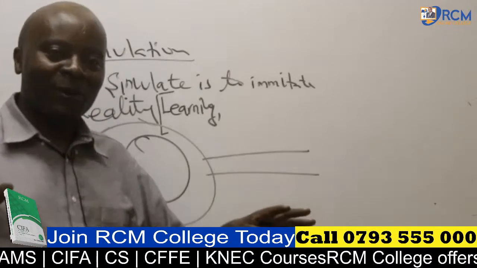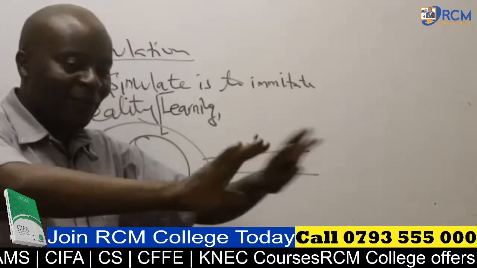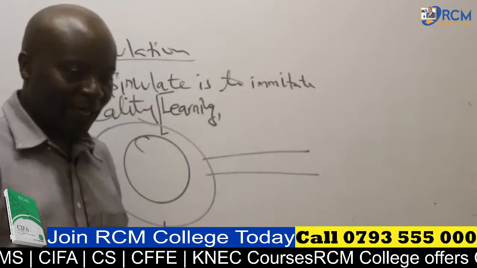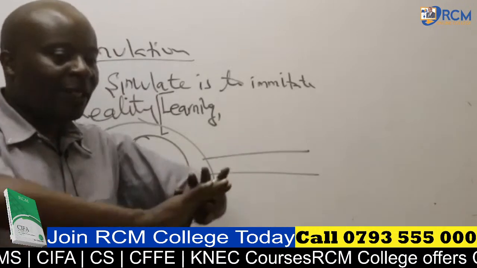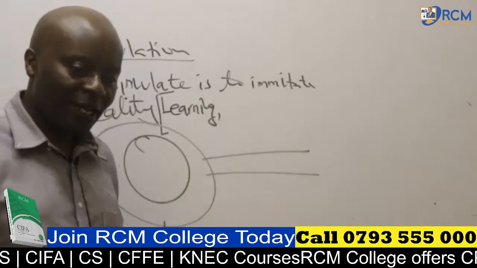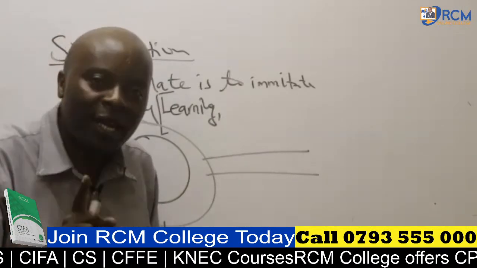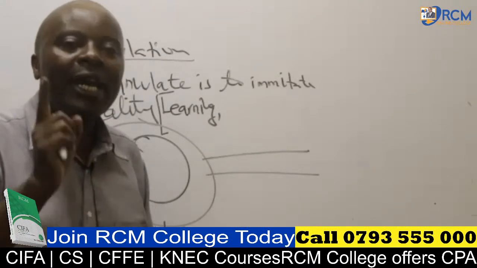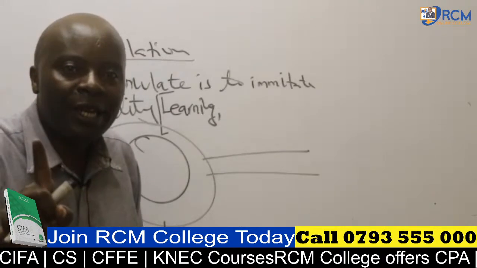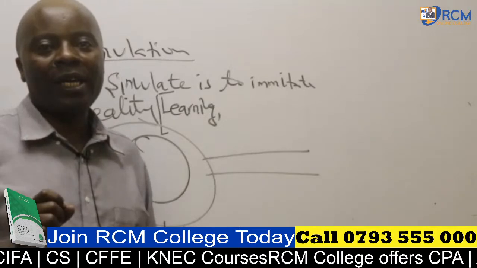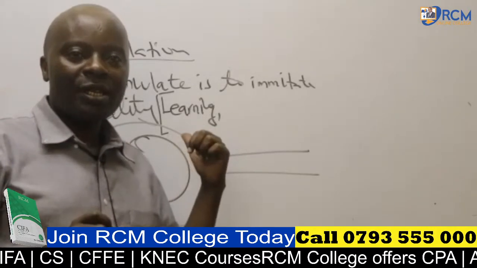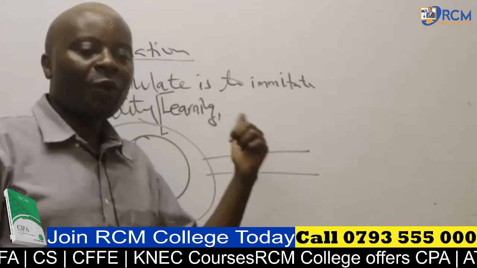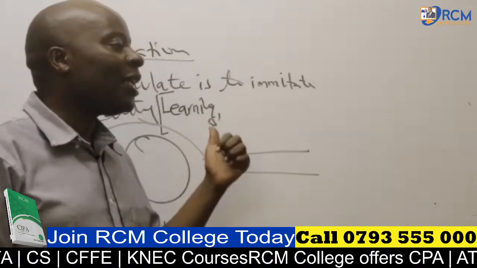They take you to the table, they give you a roundabout, drawn like that, and then they use this table roundabout to train you a few things here and there. It is only fake driving schools that take people directly to road practice without teaching them the theory. So they use these theory classes to imitate reality.